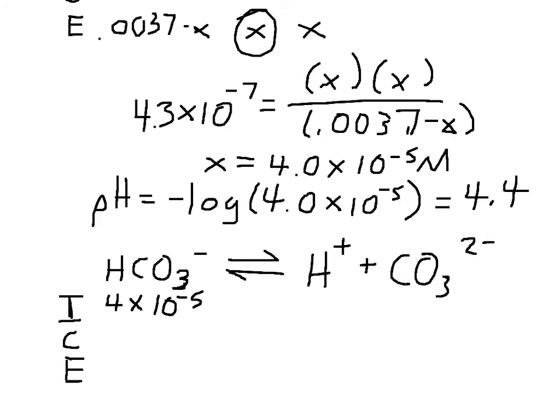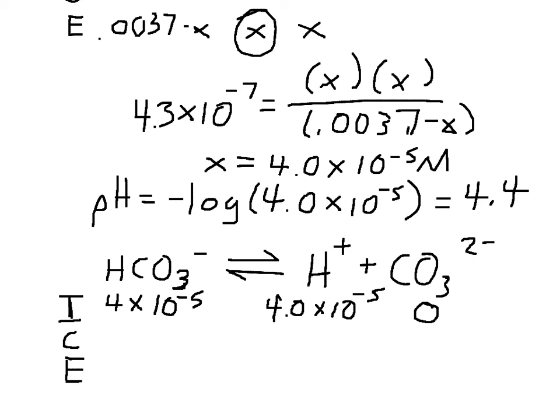But what we're used to doing is writing a 0 here and a 0 here, but there have already been some hydrogens made. We made 4.0 times 10 to the negative fifth hydrogens back in this problem, and we can't forget those. They still have to be present. But we did not make any CO3 negative in the last problem, so we have initially 0 amount of CO3 negative.